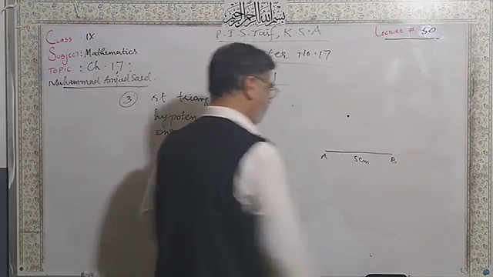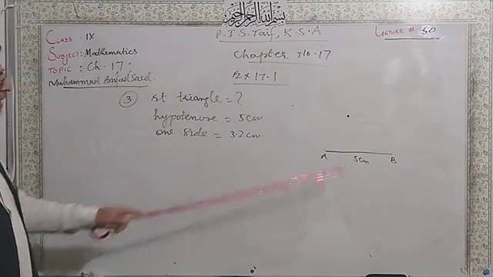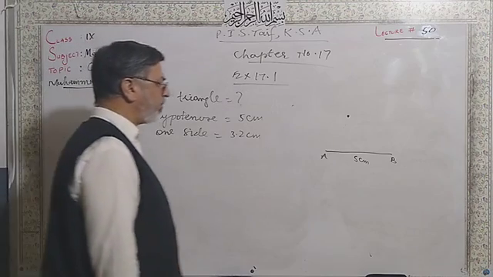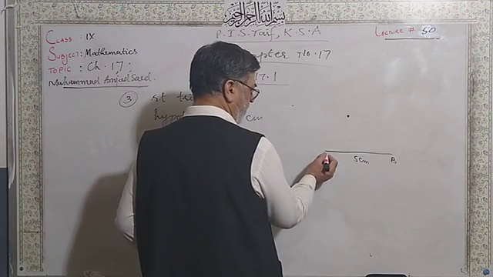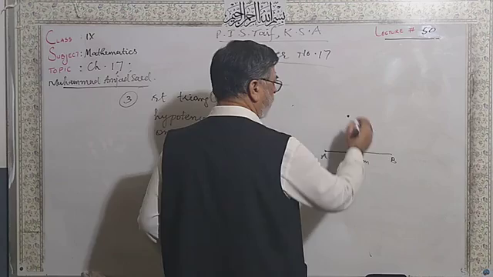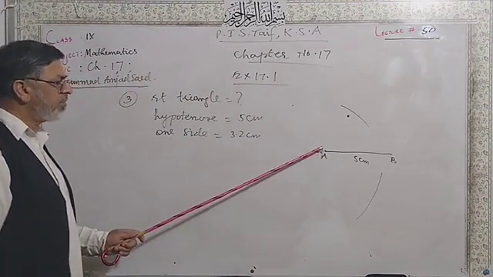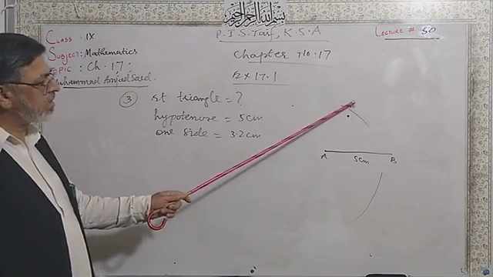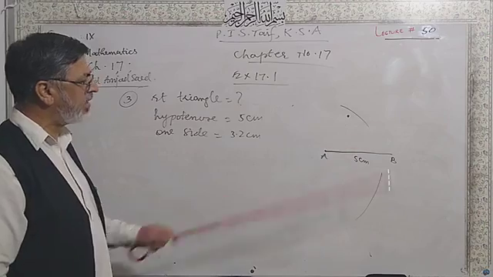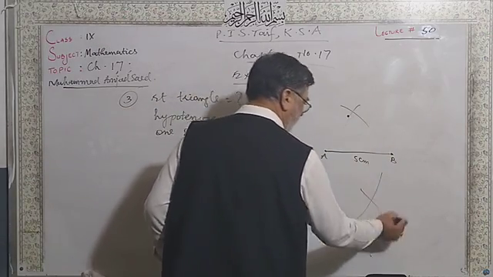Suppose this is AB. Draw a line segment AB of length 5 centimeter. Draw the perpendicular bisector of AB. Put your compass at A, open the compass more than half and draw 2 arcs above and below. Similarly, with the same opening, put it at B and cut them.